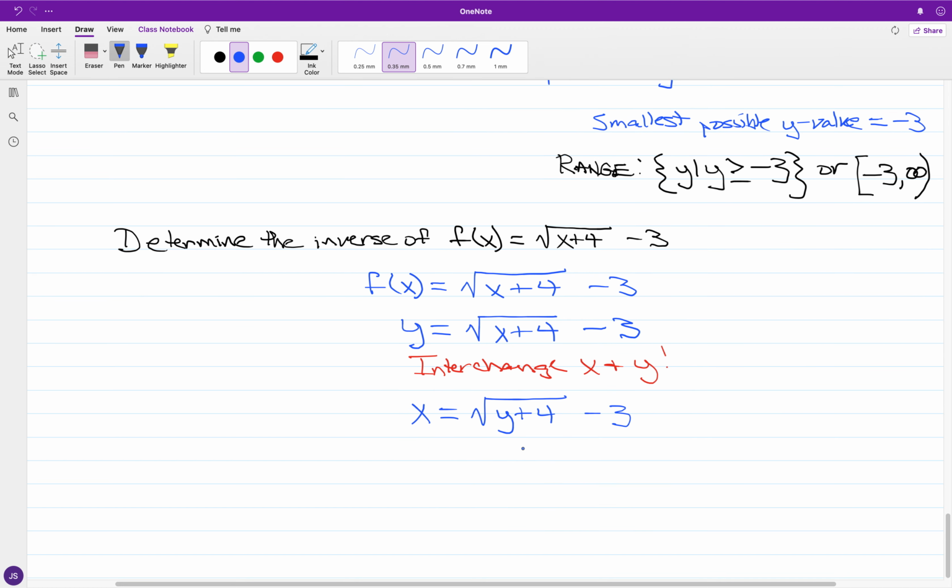And if I isolate the y term, I'm going to get the square root of y plus 4 by itself. So I'm going to add 3 to both sides. So I'm going to have x plus 3 is equal to the square root of y plus 4.